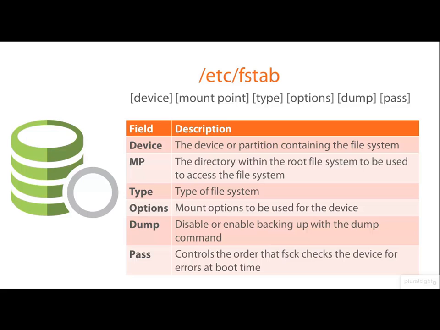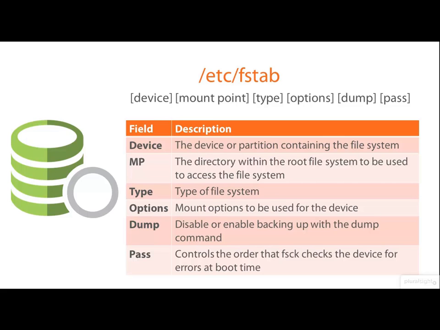Then the type of file system, so this could be something like ext4 or btrfs or xfs. The options, so this could be quite simply read-only or something like this, or we might build in a selection of options, and they're going to be all comma separated because this in itself is a field delimited file.